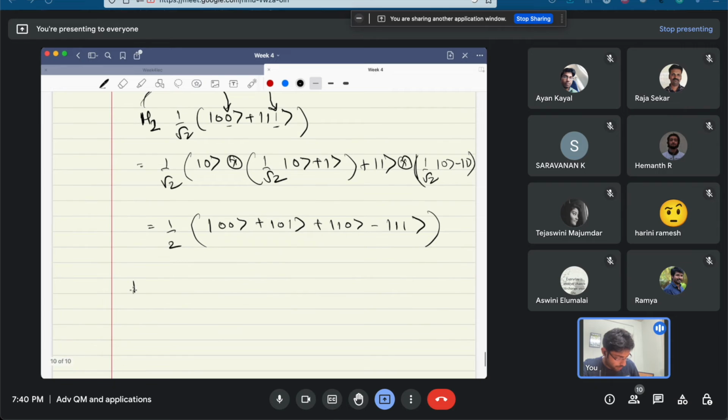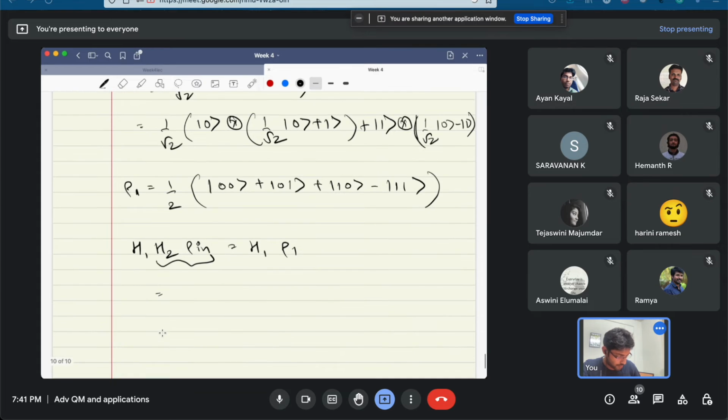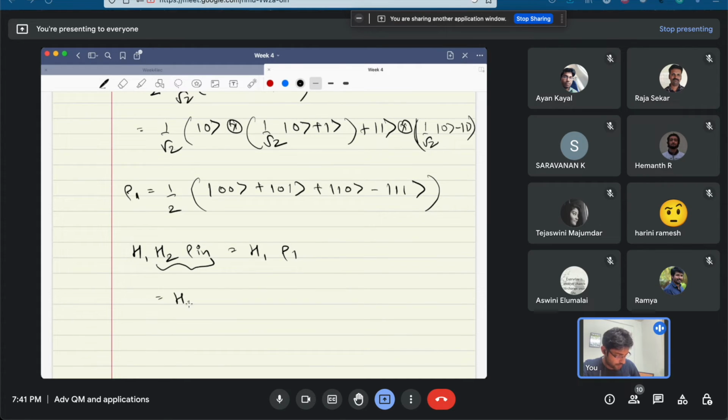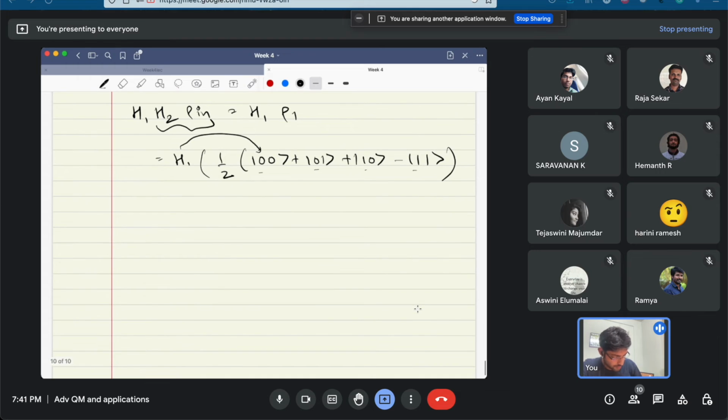Now your Hadamard 1 is operating. We already have the rho, let's say we call it rho 1, so H1 rho 1. What this essentially means is that your H1 is acting on 1 by 2 of the 0 0 terms and so on. This will act only on the first qubit here, right? All the first qubits. So this might get a bit longer.